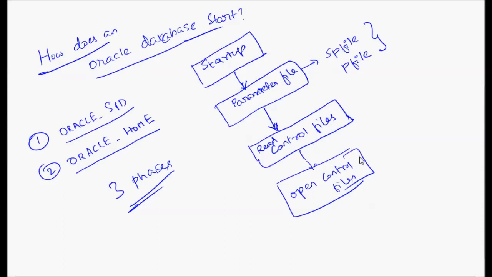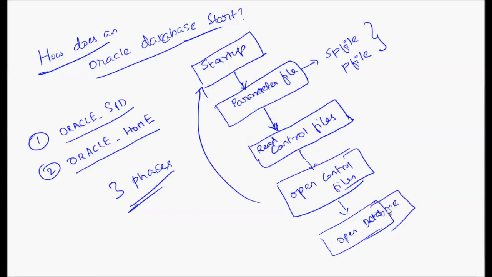Now these control files tell the startup process the properties of the database files, like where the database files are located and the status of the database files. With the information it got from the control files, it's able to read the database files and open the database.